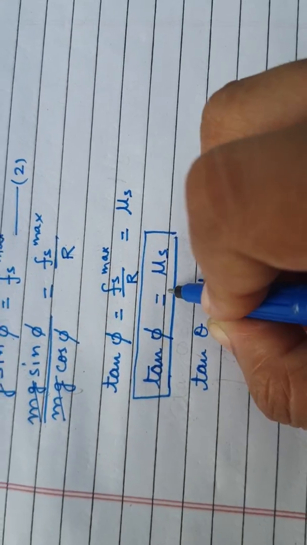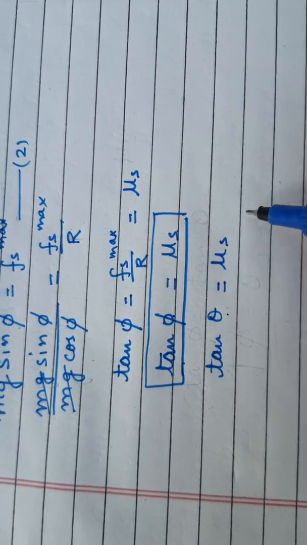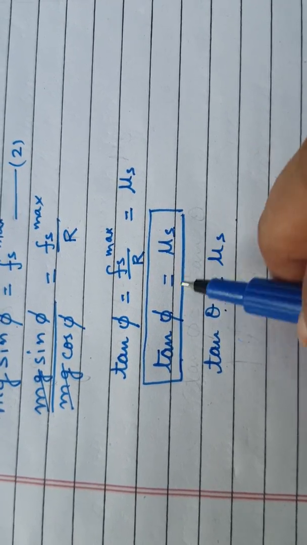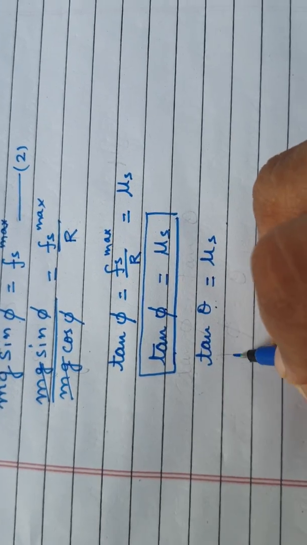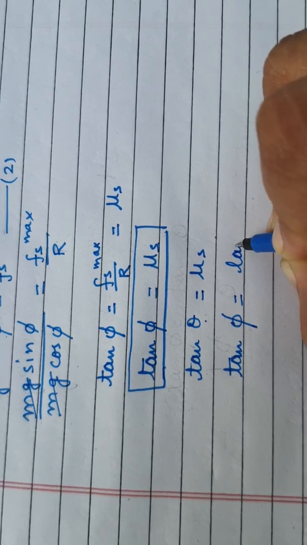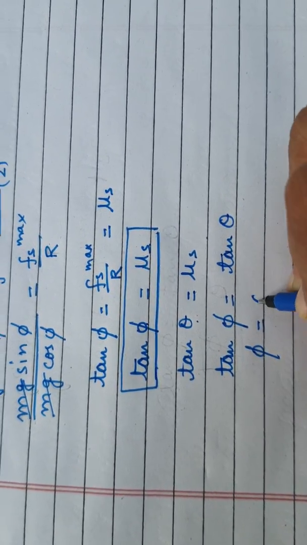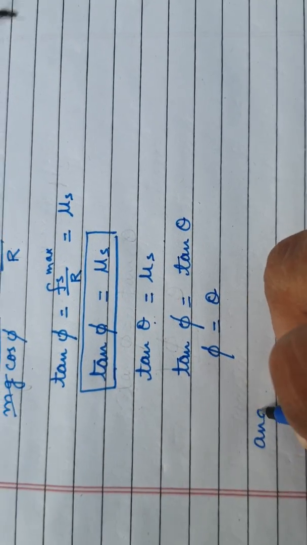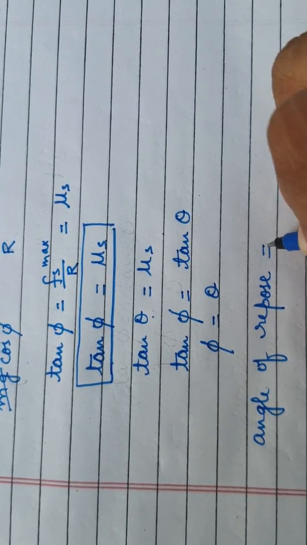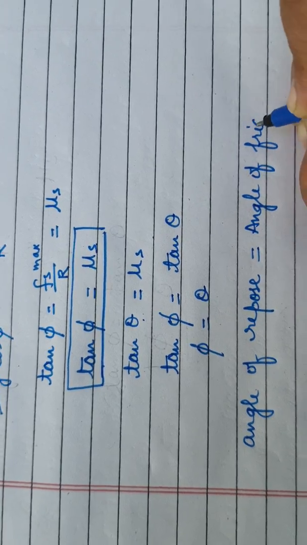So if you look at these two equations, tan phi will be equal to tan theta because both the right-side values are equal, so the left sides will also be equal. So phi will be equal to theta, or angle of repose will be equal to angle of friction.